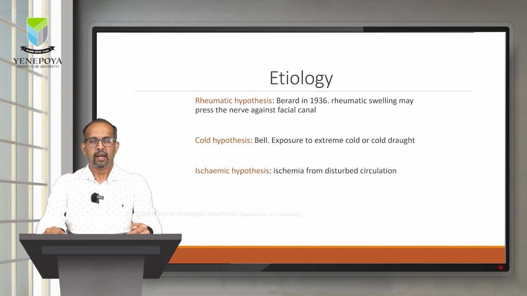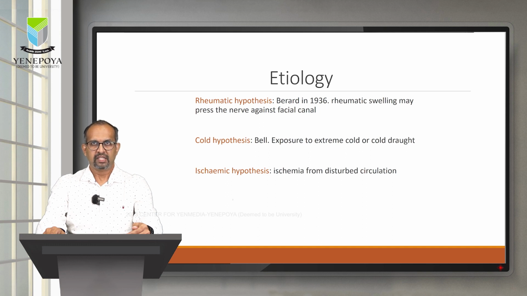So there are different hypotheses put forward for why this happens. The rheumatic hypothesis by Berard in 1936: rheumatic swelling may press the nerve against the facial nerve canal. That is the reason why Bell's palsy or facial paralysis is seen. Whereas the cold hypothesis by Bell: exposure to extreme cold leads to Bell's palsy.